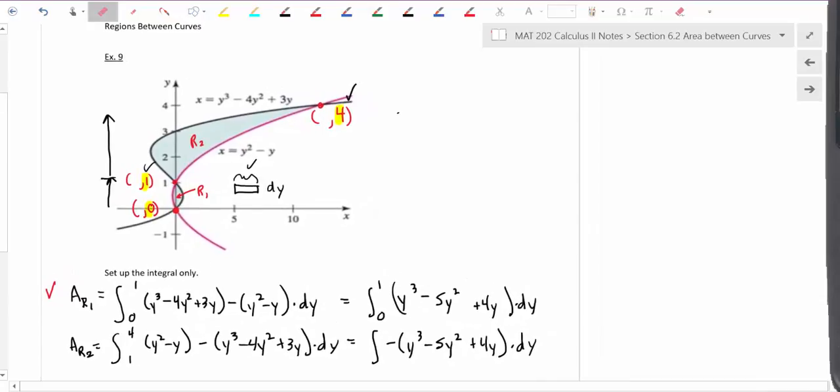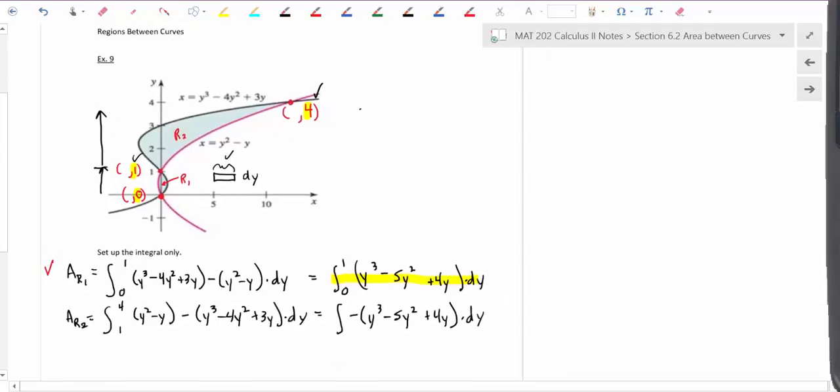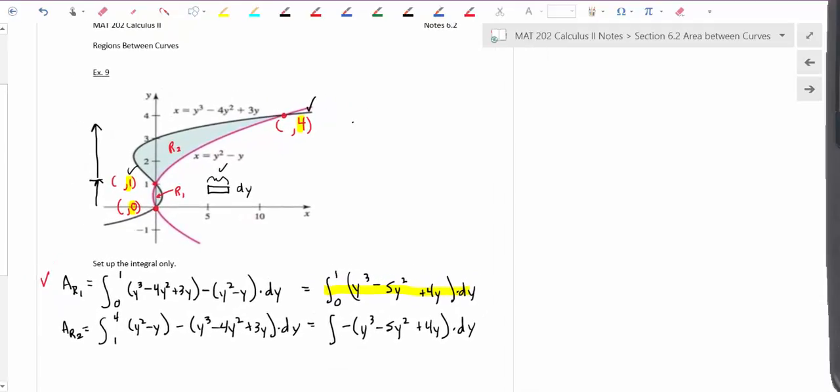So I'm going to take this integral right here, and let's get that one worked out. You can do this integral in your head. It's a power rule integral. So that antiderivative is going to be y to the fourth over 4 minus 5y to the third over 3 plus 4y to the second over 2.